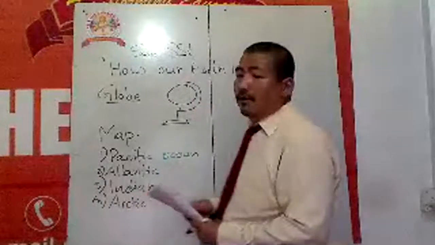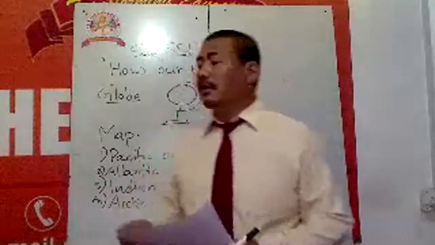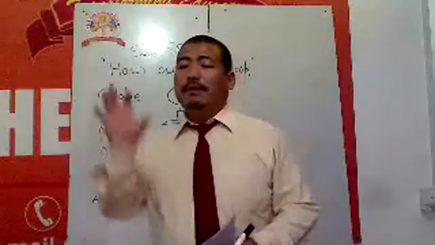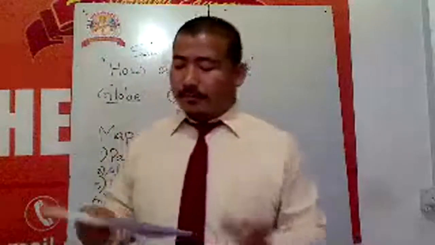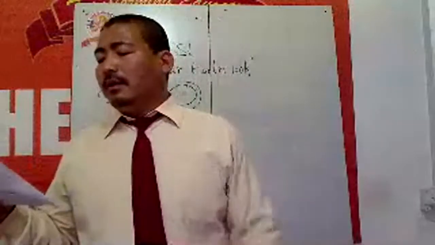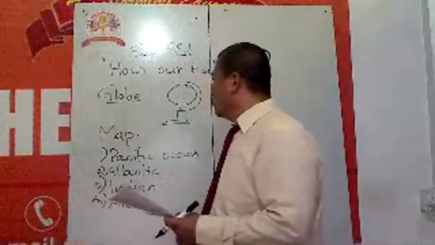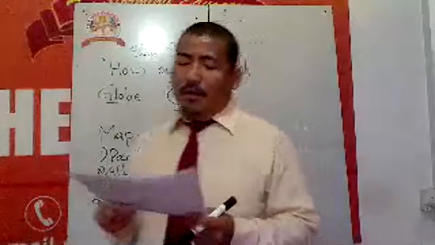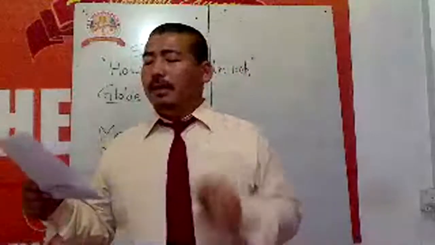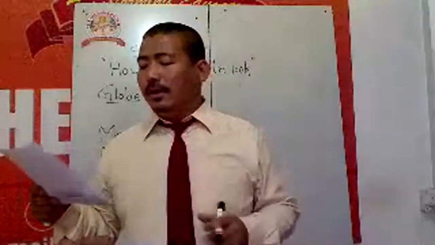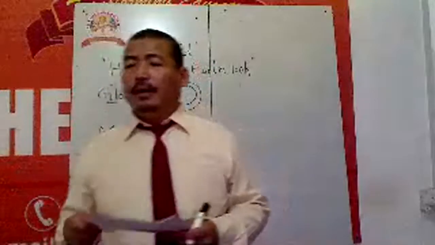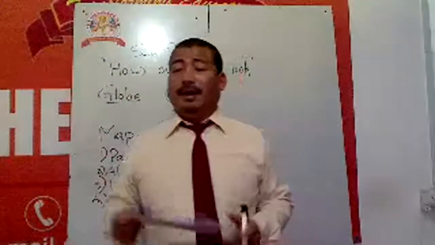These are the four large water bodies, the oceans we have on the earth. Including these, we have so many small bodies of water. We call them rivers, seas, gulfs, lakes.